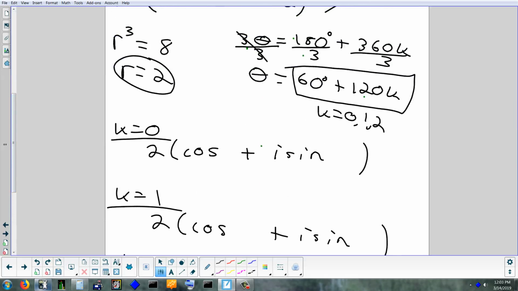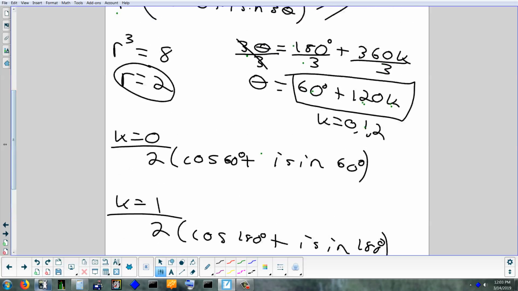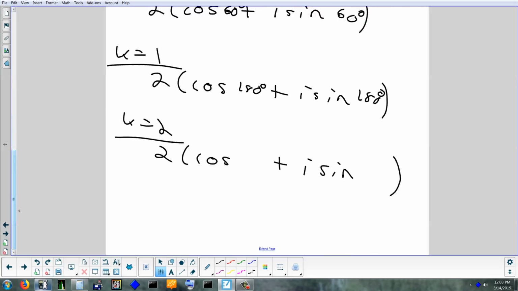Now, 120 times 0 is 0, plus 60 is 60. Next one, k equals 1. 120 times 1, 120 plus 60? 180. Last one, k equals 2. 120 times 2 is 240, plus 60 is 300.